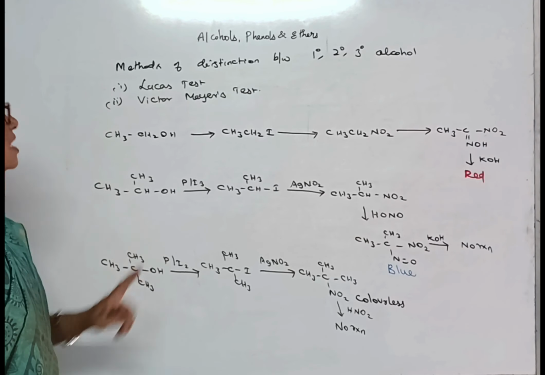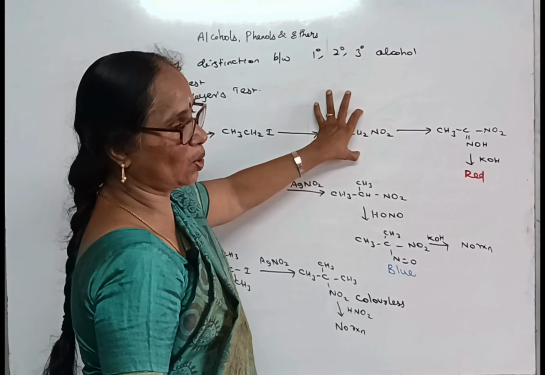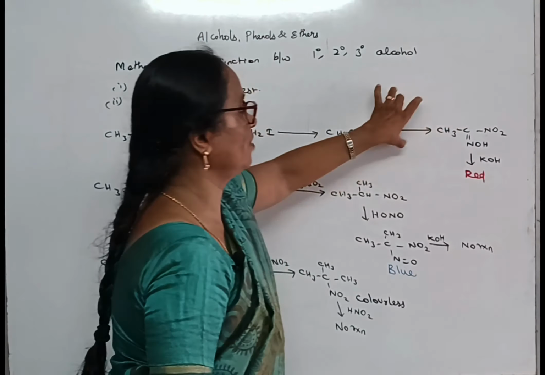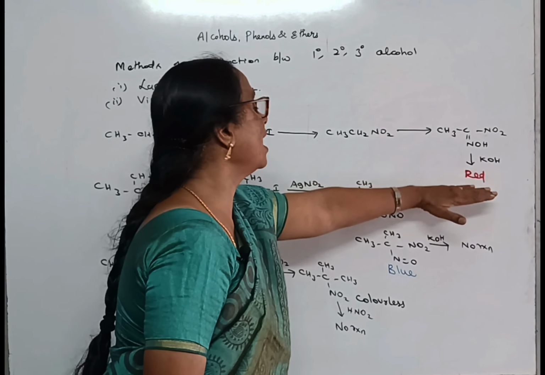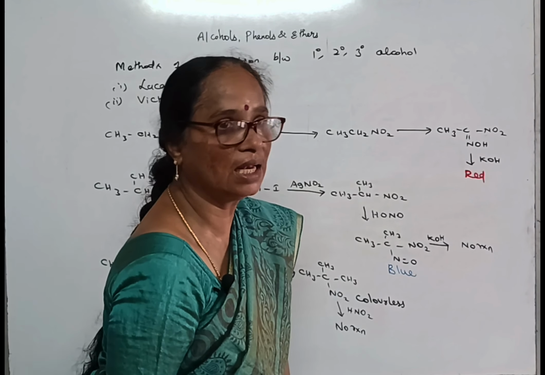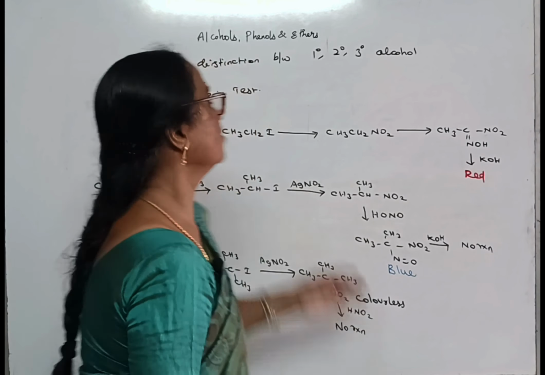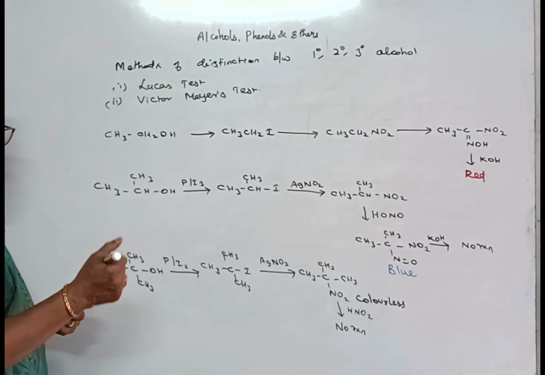The first step is conversion of alcohol into iodoalkane, and iodoalkane to nitroalkane, followed by treatment with nitrous acid. It may give a substituted product, where depending on the formation of colors, we can identify whether the given alcohol is primary, secondary or tertiary.